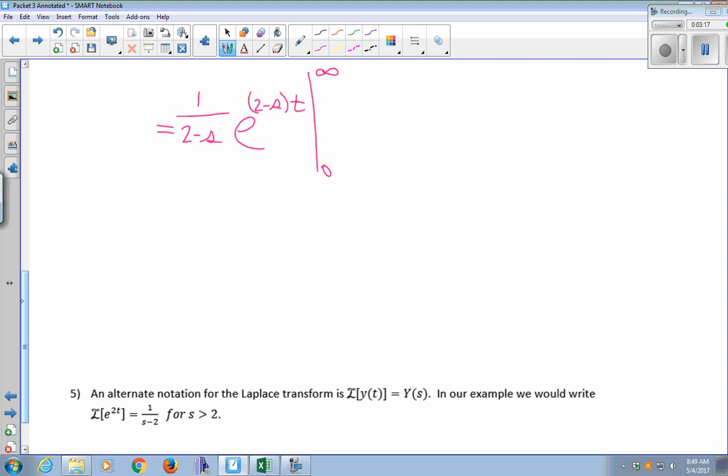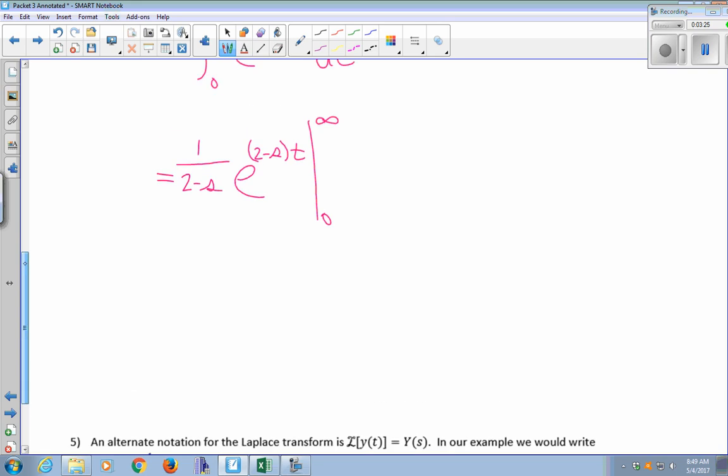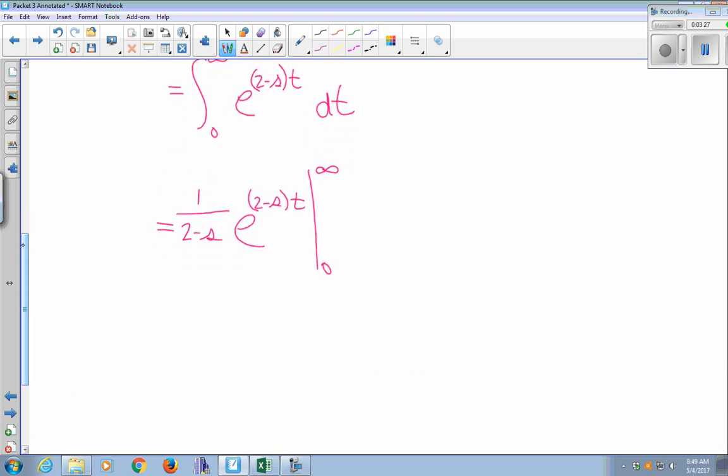And now we have to remember how to do the infinite integrals, improper integrals. So you take the limit as b approaches infinity of 1 over 2 minus s times e to the (2 minus s)t evaluated from 0 to b. First, how do you plug infinity in?